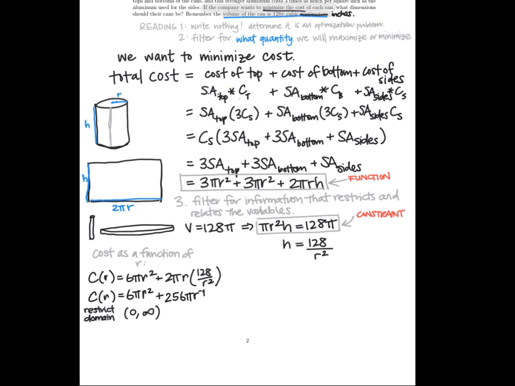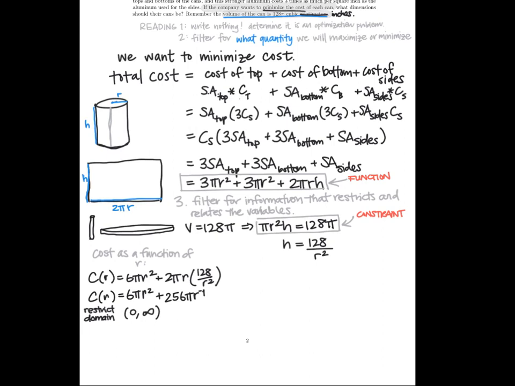You can't have a negative radius. And also r is not going to have a ceiling. We're just going to let r take on any of the positive values that are allowed. There's no additional information in this problem that would indicate that that's impossible. The only information that we have is that this relationship needs to be true, and r growing without bound does not make h jump out of a reasonable range of heights. It will be a silly height.